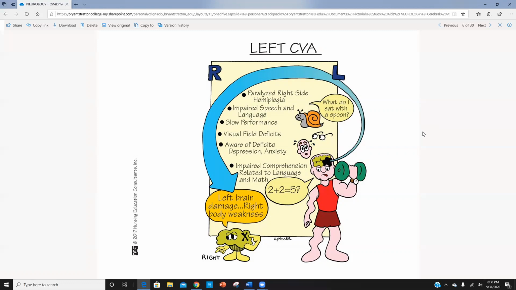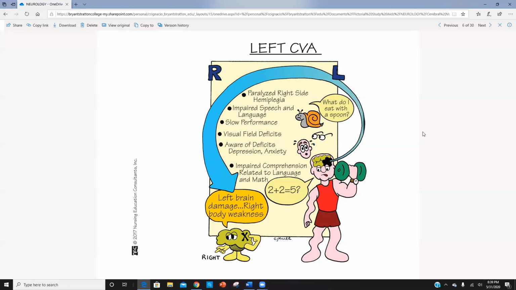Remember that ischemia is lack of blood flow, so that means lack of oxygen, lack of O2. So the patient may experience a change in mental status, slurred speech, aphasia, dysphagia, numbness or weakness of the face or extremities, especially on one side of the body. They may have a visual disturbance, cranial nerve disturbance, loss of balance or coordination, a sudden severe headache.